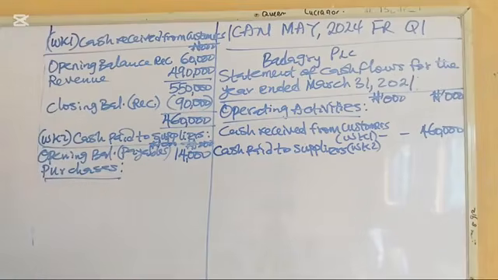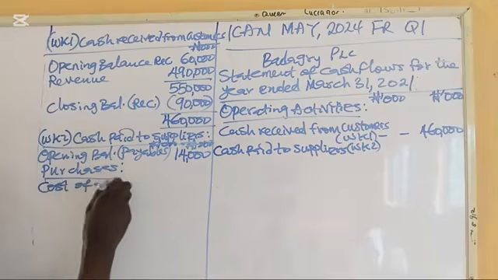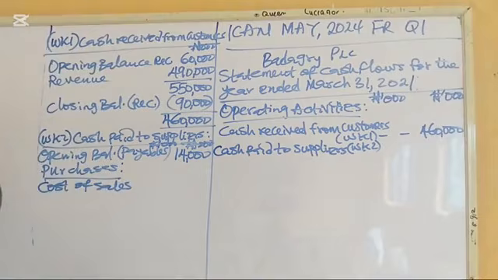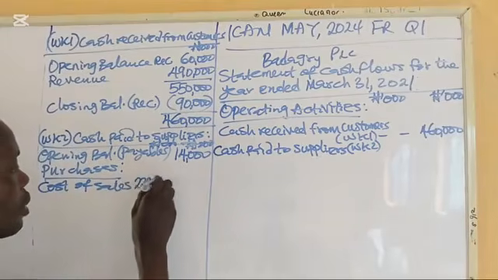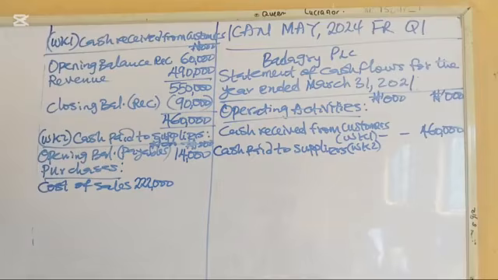Well, we have to calculate it. Cost of sales. How much is the cost of sales? 222,000. Followed by, yes, plus closing inventory.